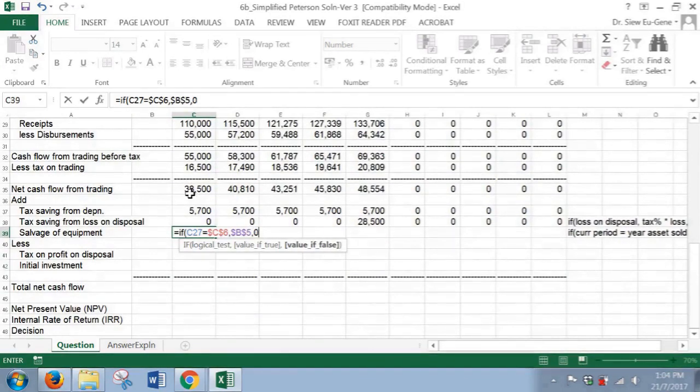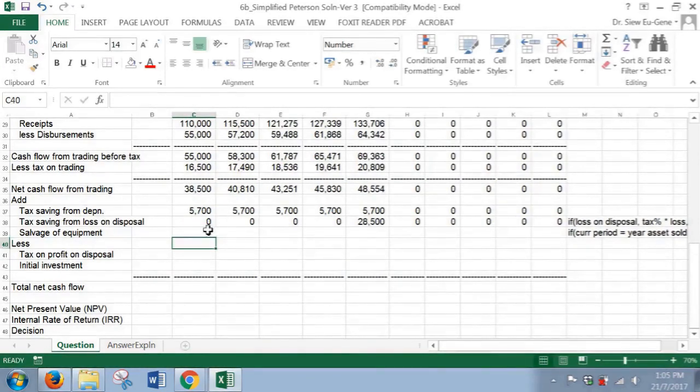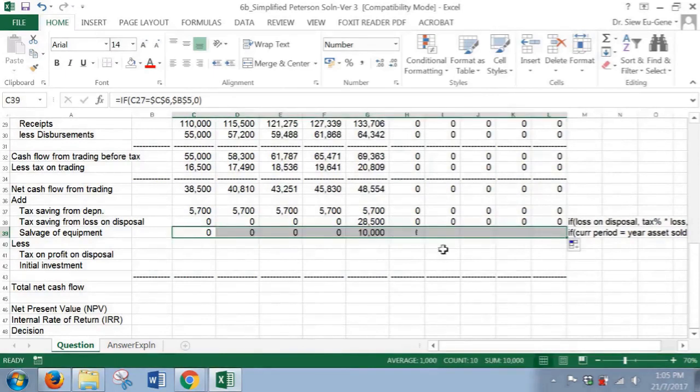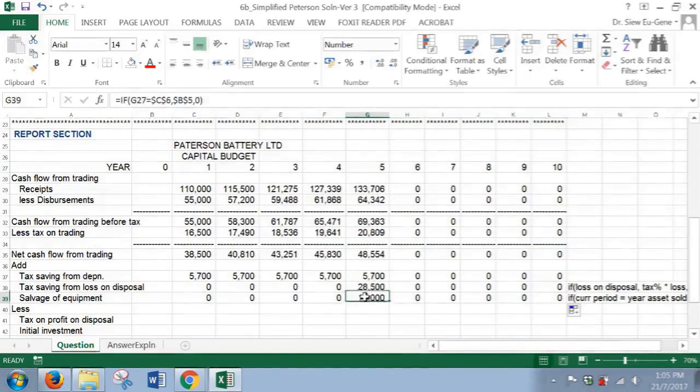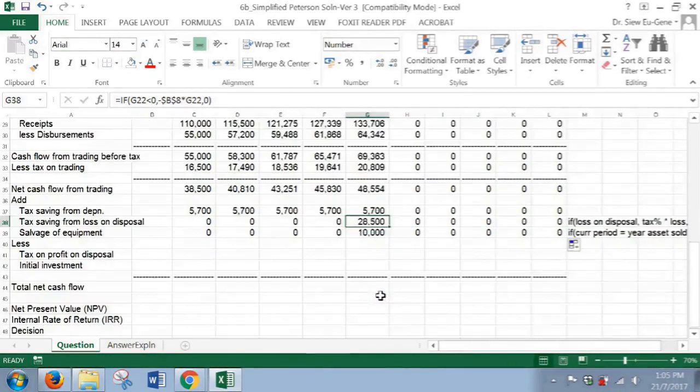At any other point, it's 0. So we'll just drag across here. All right. So we check year 5, we receive 10,000, and we have tax savings of 28,500 because we make a loss.